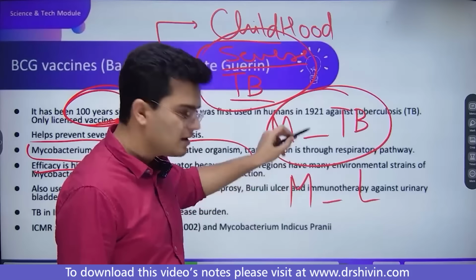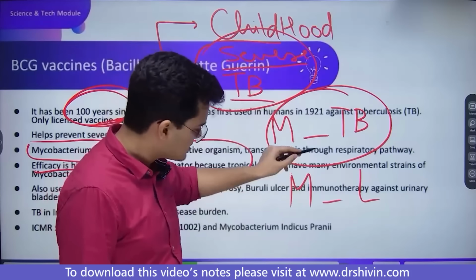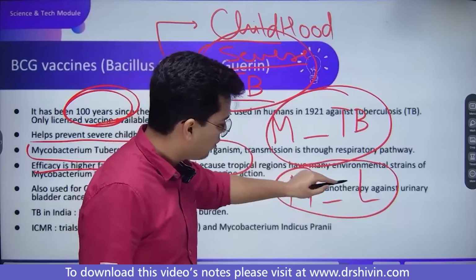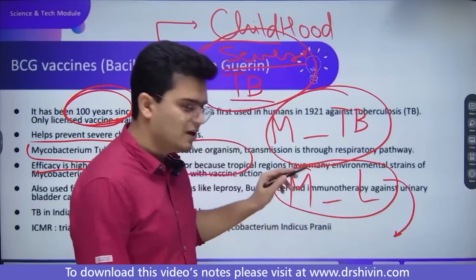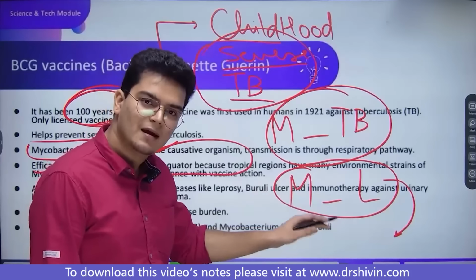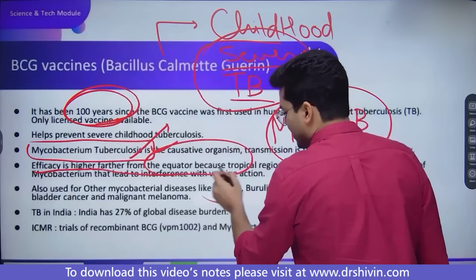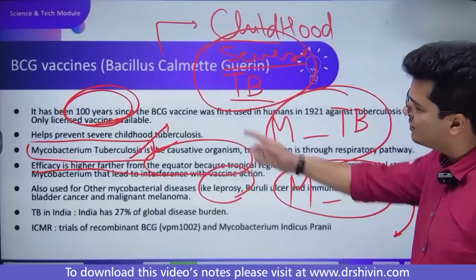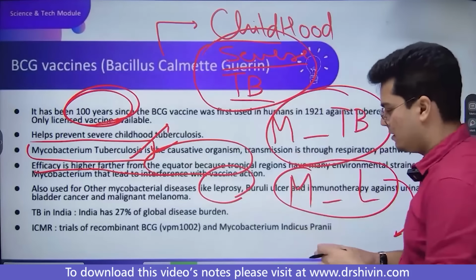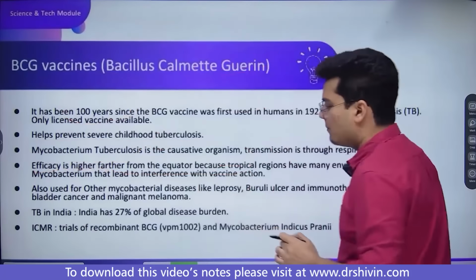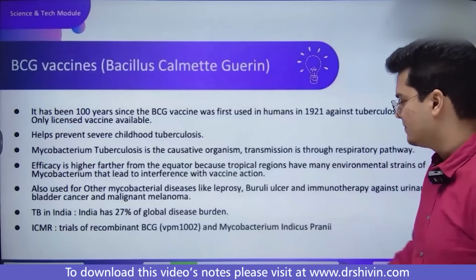Since they are similar, even against Mycobacterium leprae, the BCG vaccine works. So a disease like leprosy can also be dealt with BCG vaccine. It is effective against this also. It is not the vaccine of choice, but it has certain effectiveness.